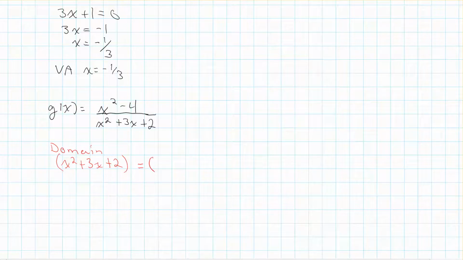And what this actually factors to would be x plus 2, x plus 1. And so we set that equal to 0.